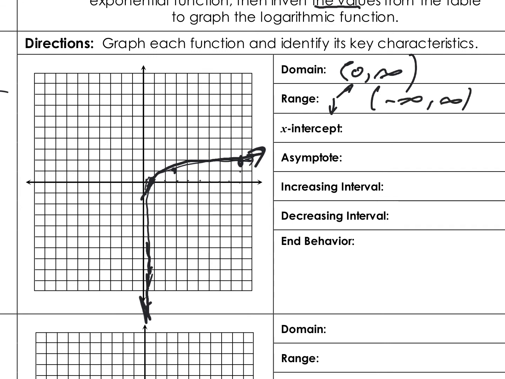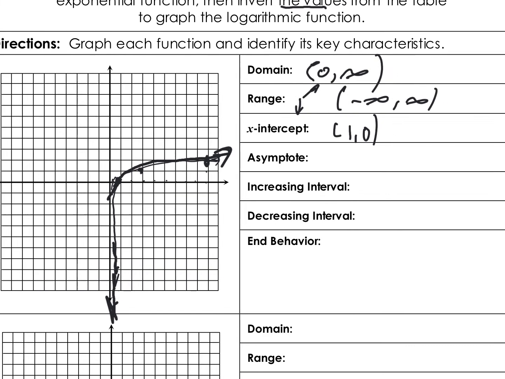The x-intercept was at (1, 0). If you recall, on the other lesson, we were asking for the y-intercept. We don't have a y-intercept in a log unless we shift it. In this basic log, we do not have a y-intercept. There's a vertical asymptote at x equals 0. It's increasing from 0 to infinity.